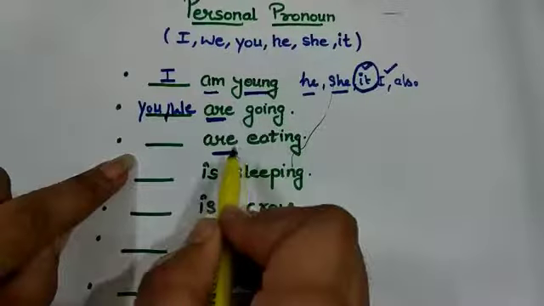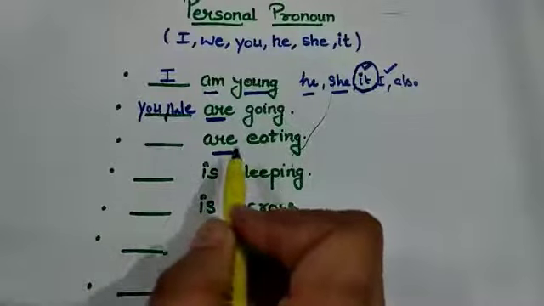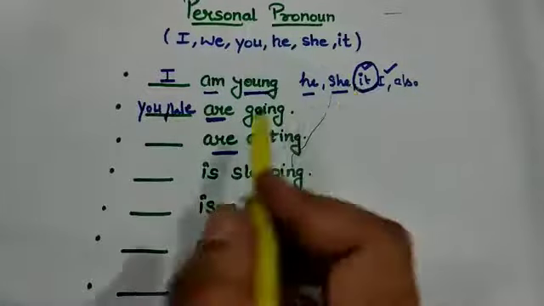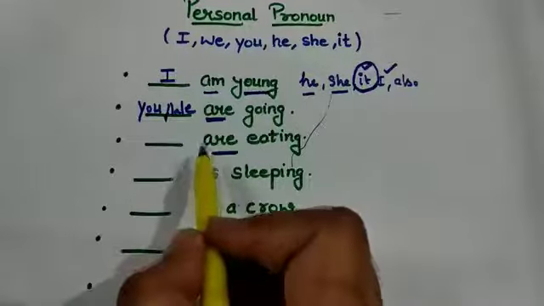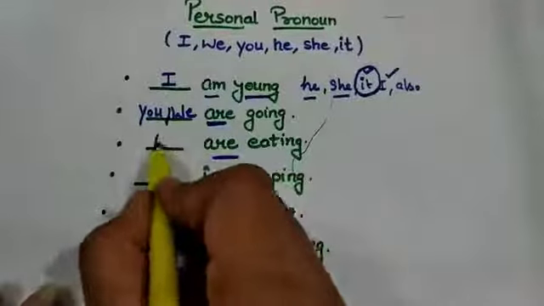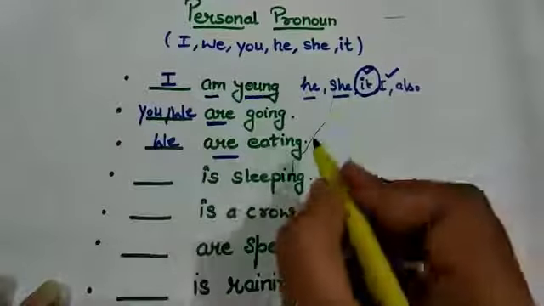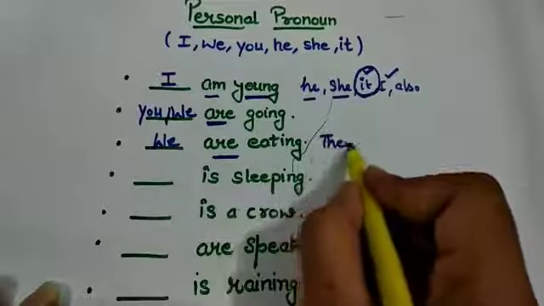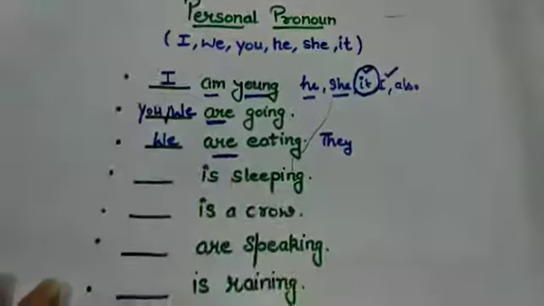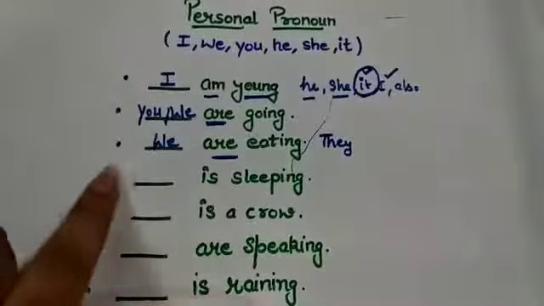Are denotes plural, so I cannot use he, she, or it here, and I have to use something plural. So for plurals I use we are eating. Also I can use they are eating. Both words are correct and we can fill them in.